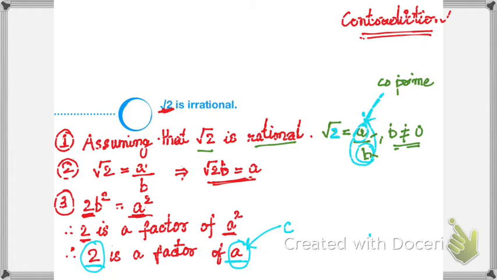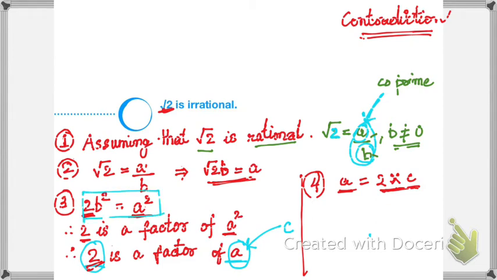Step number 4: a can be assumed as 2 into some other factor, so we are assuming it as c. So now substituting a is equal to 2c in this equation.